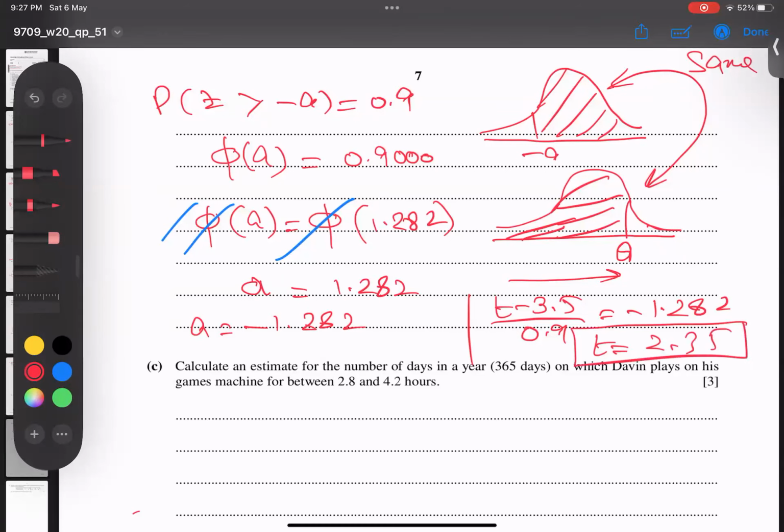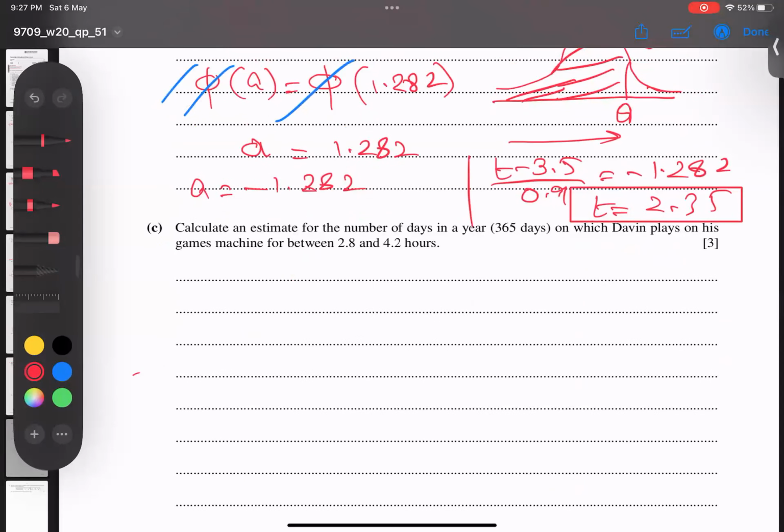All right, and let's talk about the next part, students. The next part is: calculate to estimate the number of days in 365 days on which Devin plays on his game machine between these times. It means time is between those values. So time is less than 4.2 and bigger than 2.8.